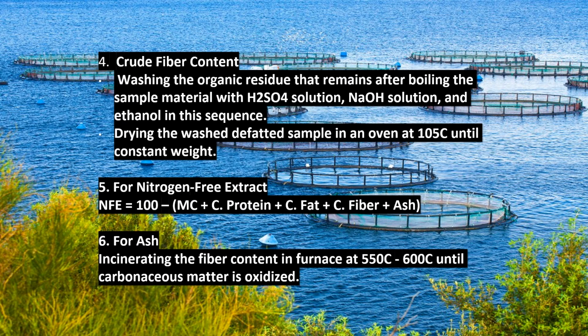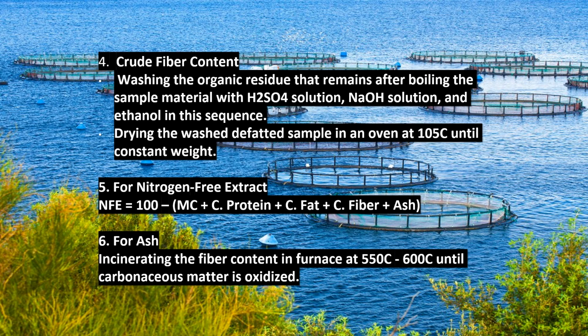For crude fiber content, washing the organic residue that remains after boiling the sample materials with sulfuric acid solution, sodium hydroxide solution, and ethanol in sequence. Then drying the washed sample in an oven at 105 Celsius until constant weight.